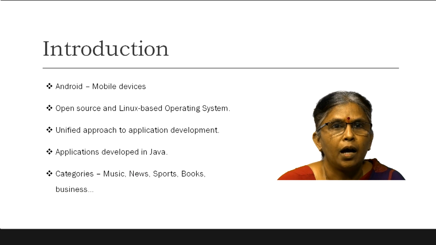Introduction. Android is an operating system most probably used in mobile devices. It is an open source free software and is based on the Linux operating system. It follows a unified approach which helps the application to be developed and executed in different environments.